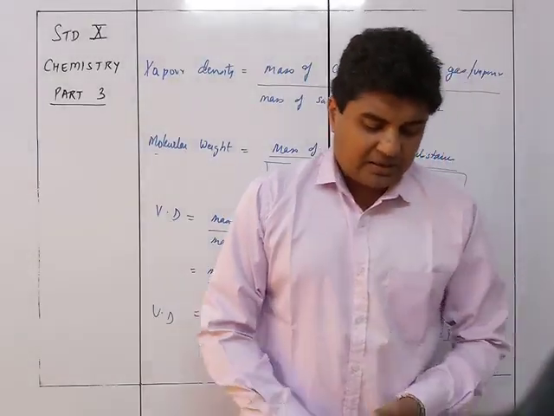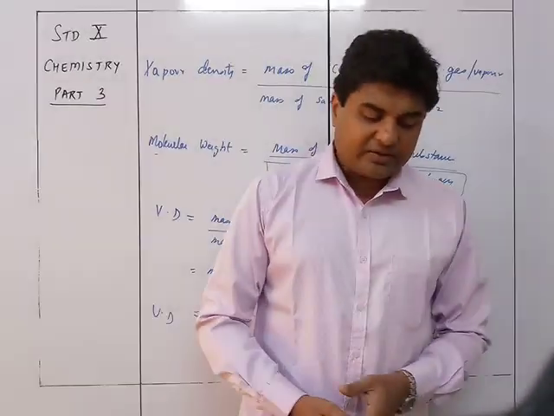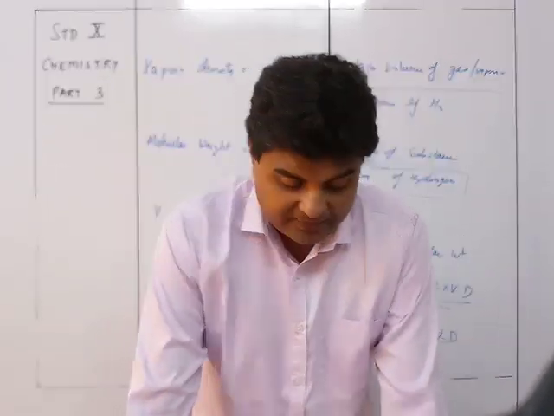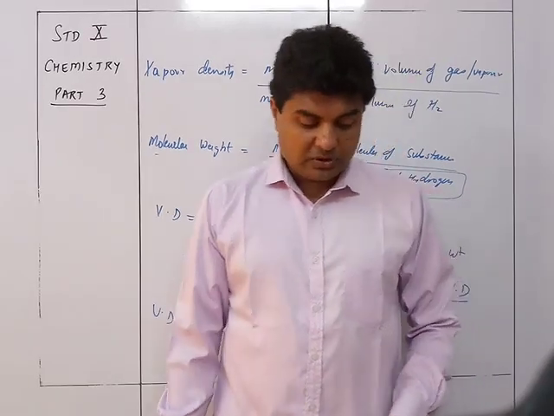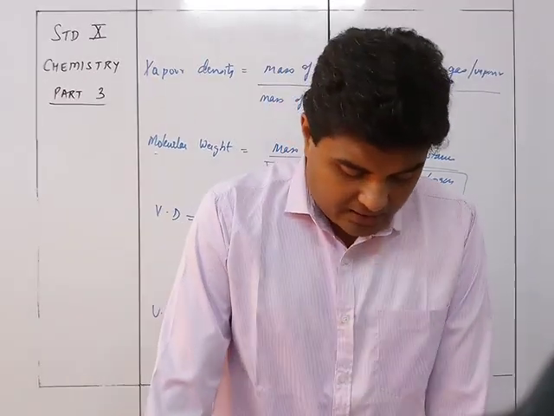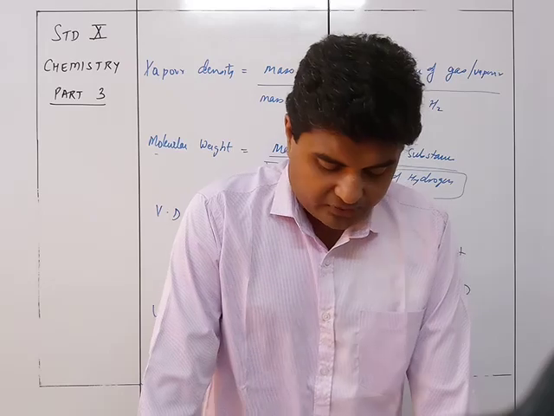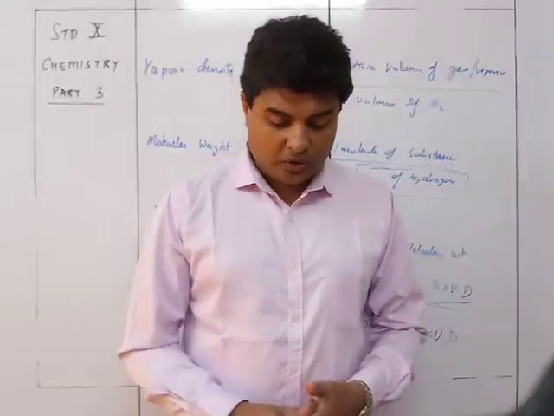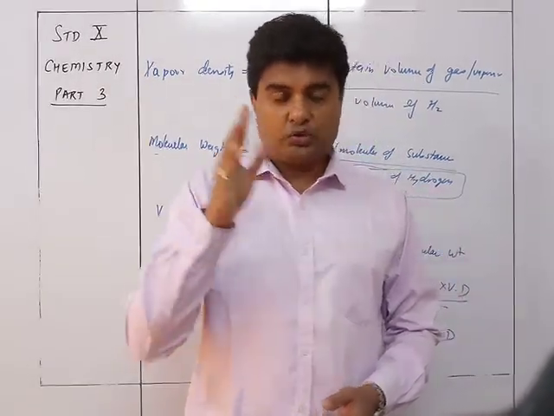Avogadro's law also explains Gay-Lussac's law of combining volumes. So 2 volumes of hydrogen chloride from one volume of hydrogen and 1 volume of chlorine. So 1 volume of hydrogen and 1 volume of chlorine give me 2 volumes. So it is in the ratio 1:1:2.